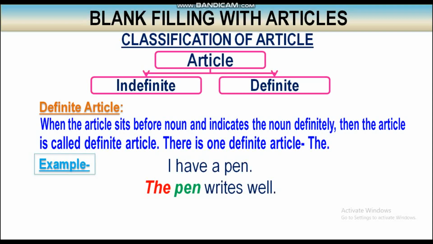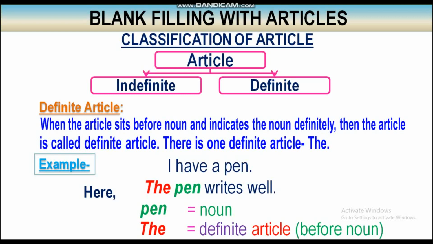Here in the second sentence, pen is a noun and the is a definite article because in the second sentence, article the sitting before the noun pen indicates the pen definitely, I mean specifically. That is particularly the pen in the first sentence.